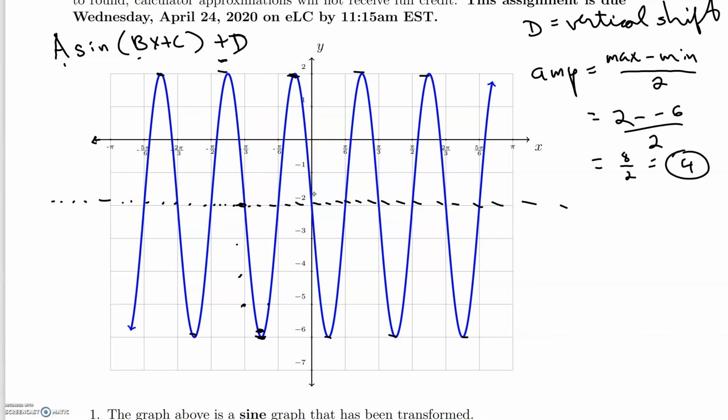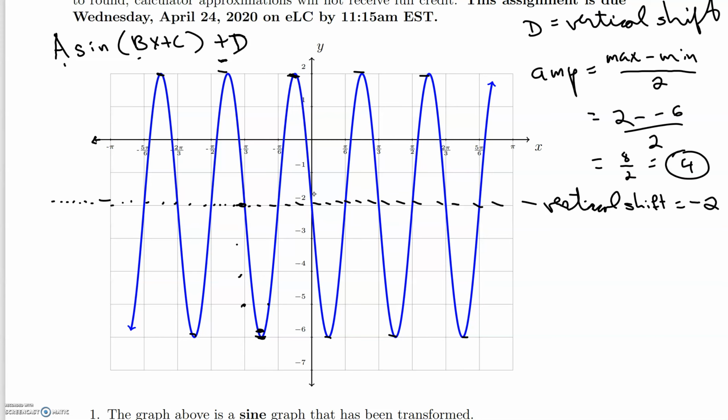So my vertical shift would be -2. After marking this dotted line, I basically just counted how far away from the x-axis I was and in which direction. So now I've got my amplitude and my vertical shift.